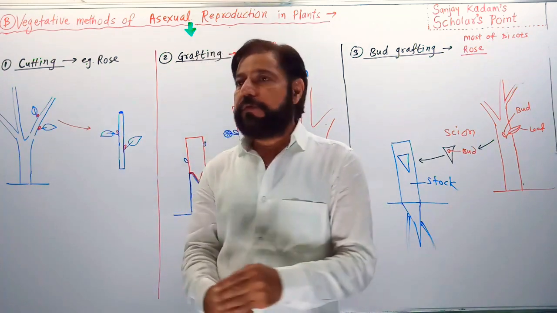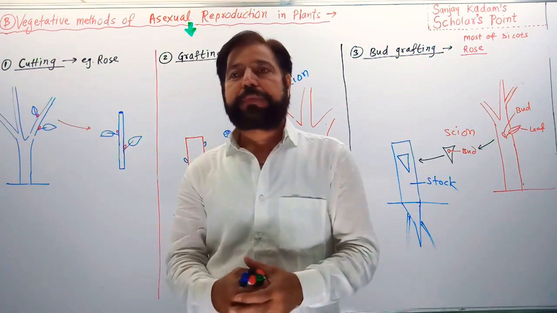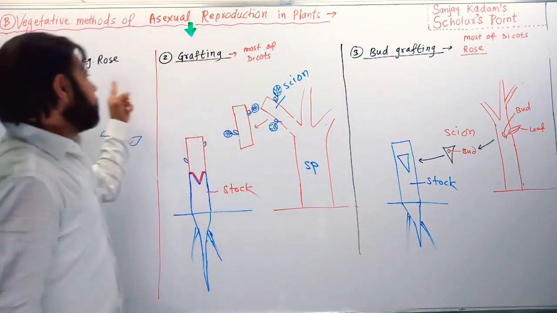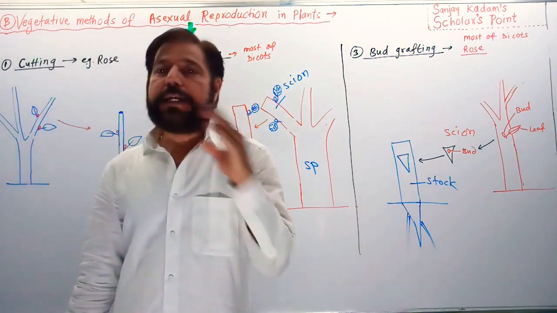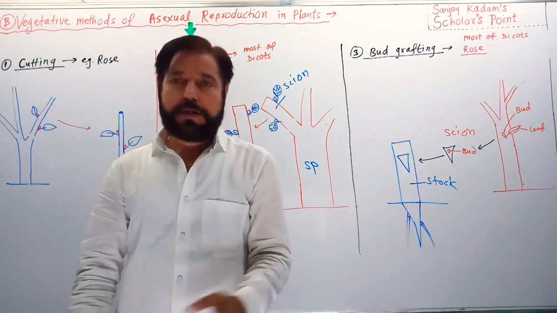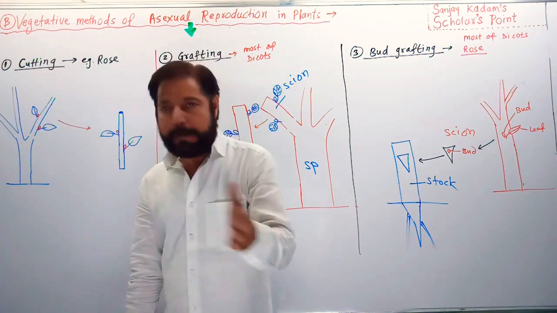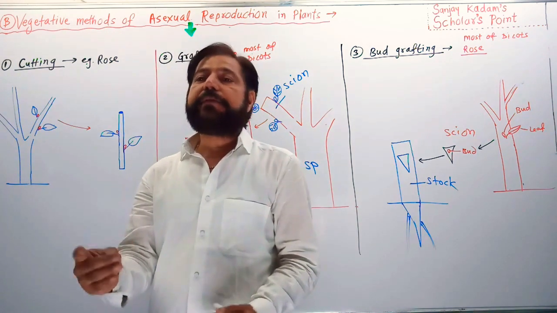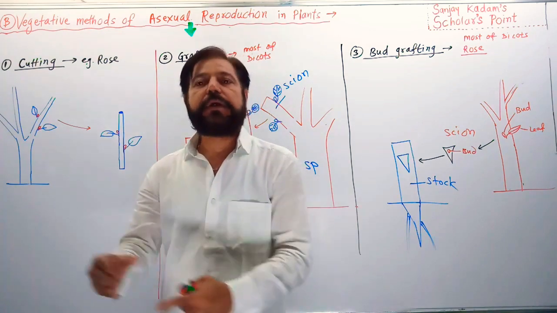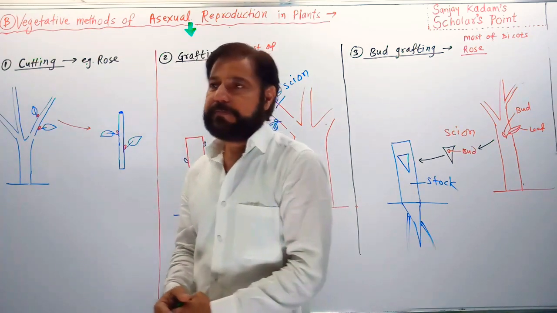First method of vegetative reproduction is cutting. It means cutting of leaf, stem or root can be applicable. From the cutting of root, stem and leaf, we can propagate new plant.